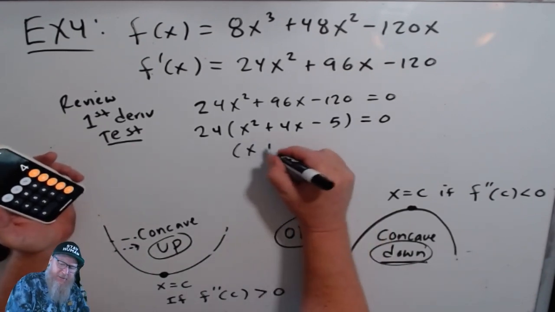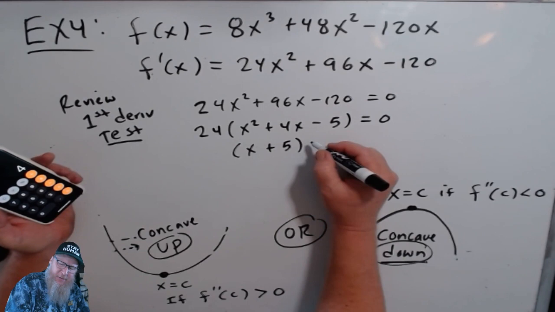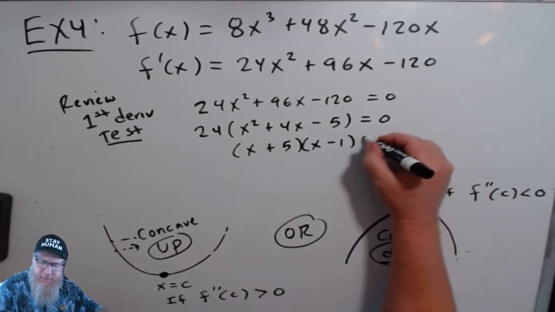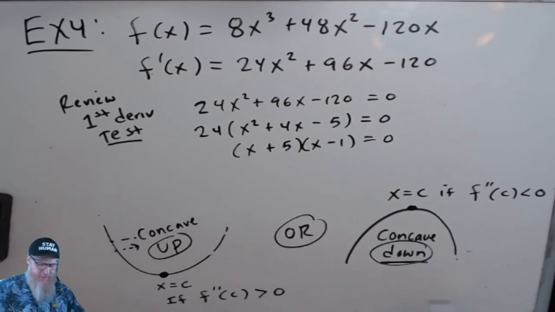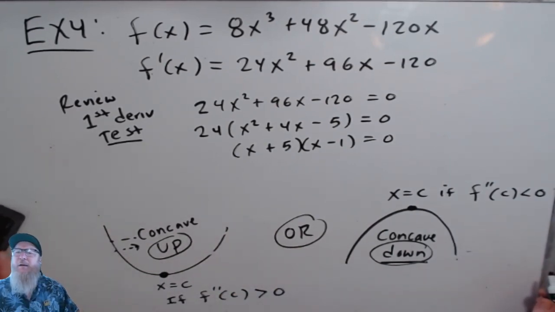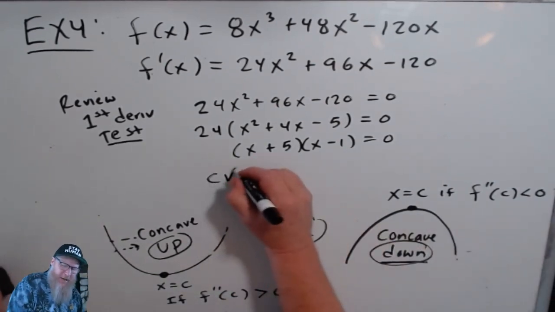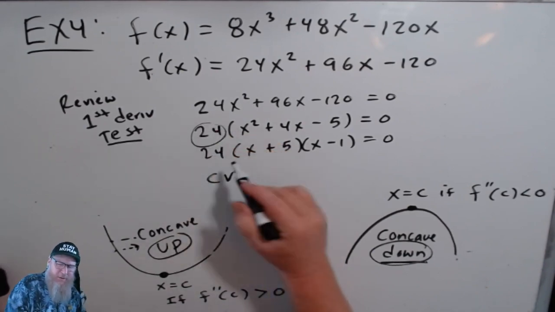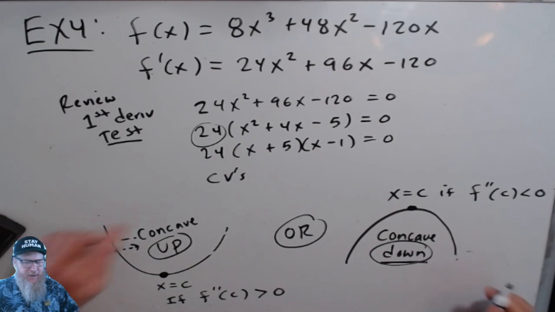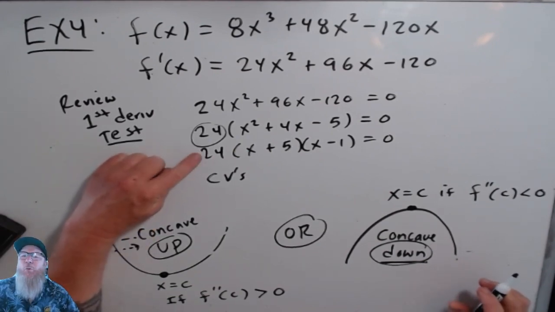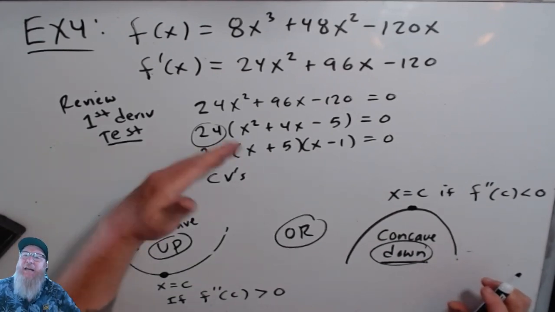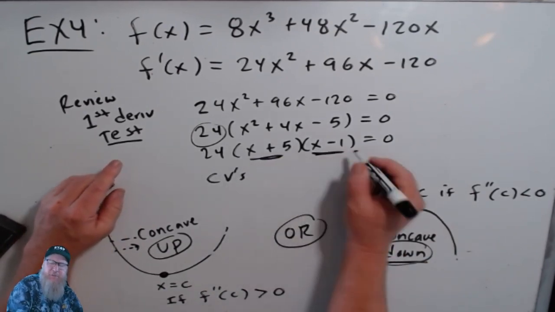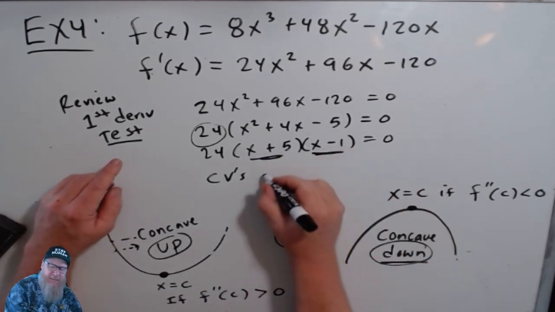Then I could factor this as x plus 5, x minus 1. So my critical values, the 24 I could just ignore. It doesn't have an x. I would mention, though, if this 24 was 24x, then I would have a third critical value. I'm only going to get critical values from the factors that have x.